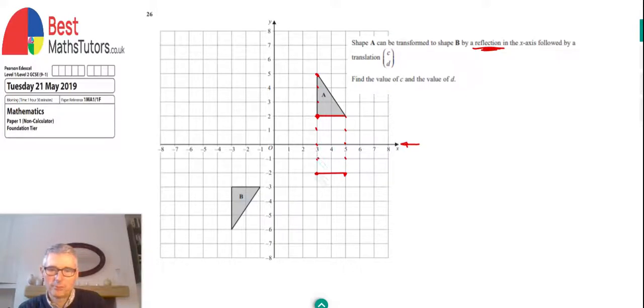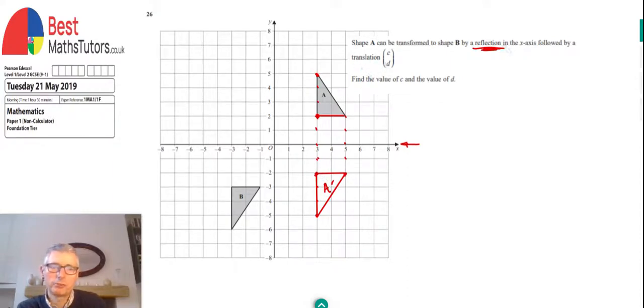So 1, 2, 3, 4, 5, and that's going to end up there. So this corner is now here. So if I just draw that in, there we go. So that's shape A transformed there. So I'm just going to call that A dash. Sometimes it's written like that, just to show that it's the transformation of that.